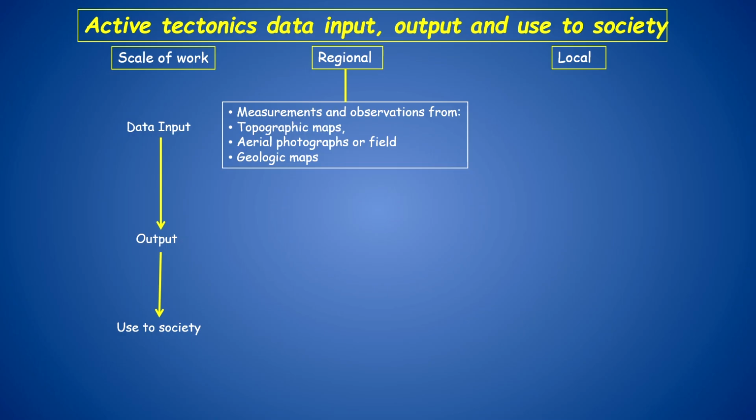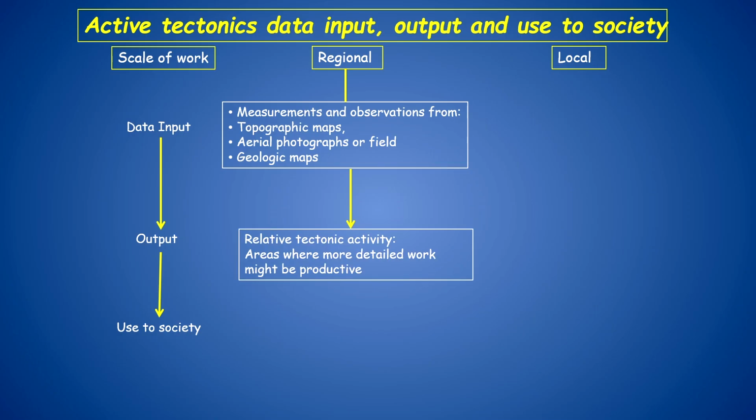So what we do on the regional scale are the measurements and observations from topographic maps and aerial photographs. So we are still working on the regional scale. We try to collect the geological maps of that area. We also try to understand based on the historical data, and then understand the relative tectonic activities of the areas, and that will be used for regional planning.